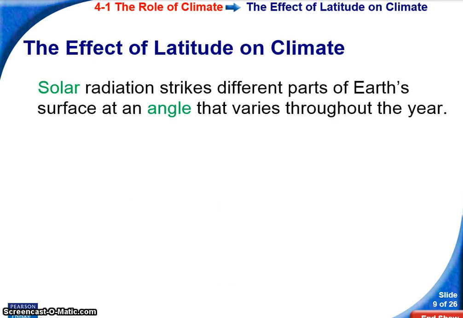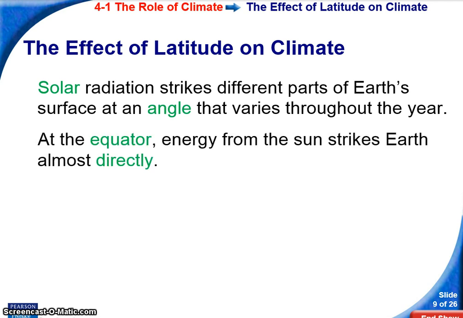How does latitude affect climate? When the solar radiation, when the sun comes down, the rays come down and they hit Earth, solar radiation is going to strike different parts of the Earth's surface at an angle that varies throughout the year. So depending on where the sun is, how it's turned, what season it is, that is going to determine how that sunlight hits the Earth's surface.